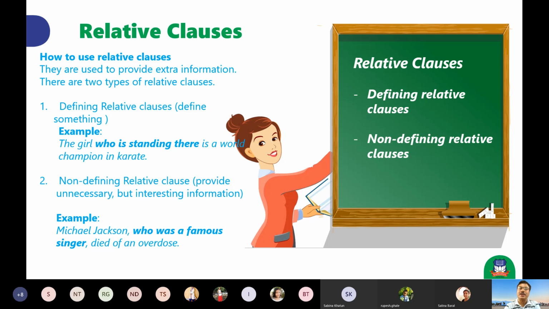How to know? That's why who is standing there has come to describe the girl. Then the listener says, hey, that girl? Ah, yes, that girl is the world champion in karate. Oh yeah, I know. Like this, one can say. Understand? That is why a defining relative clause is used there.